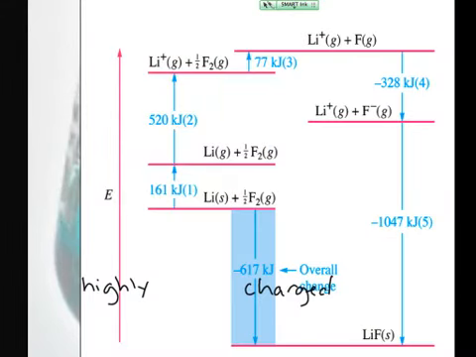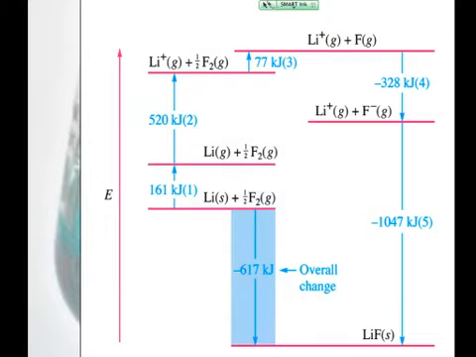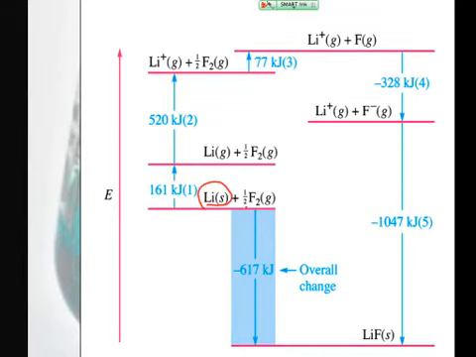So here's an instance for the Born-Haber cycle for lithium fluoride instead of, we did sodium fluoride before. Here's lithium fluoride. So let's track each step. We start out here with solid lithium metal and half of a fluorine molecule. So first we have to sublime the solid. That takes energy.